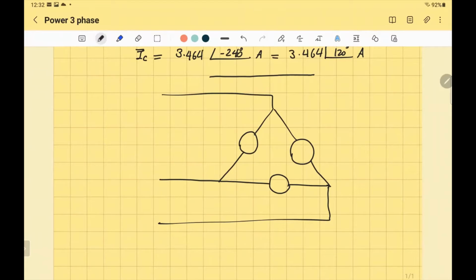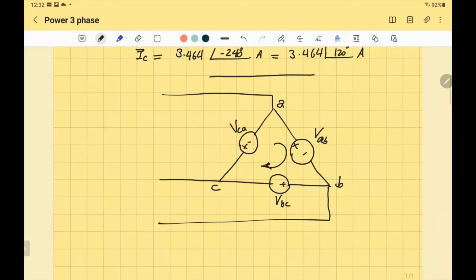Let's use small letters, lowercase a, b. So that's the phase, so you can say the phase VAB. Positive, negative, positive, negative, positive, negative, just like that. If you take this direction, AB, BC, CA.